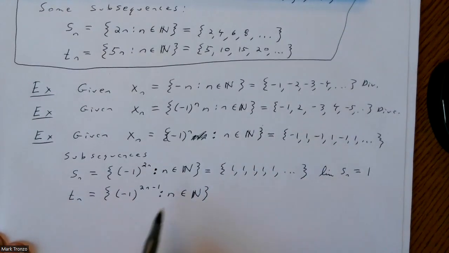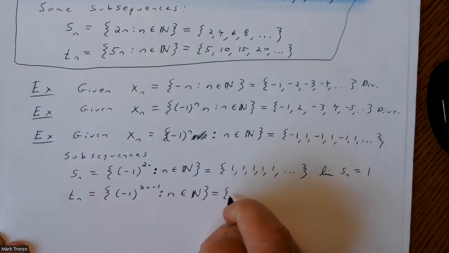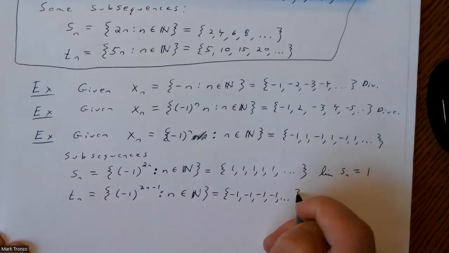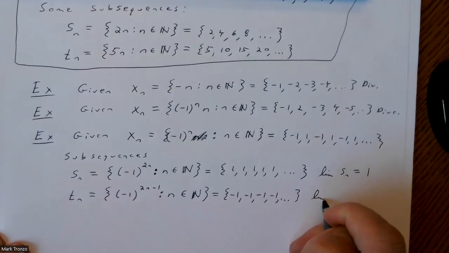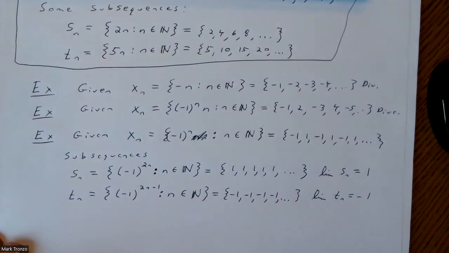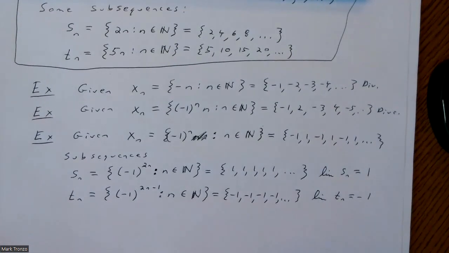So those are all going to be negative, and the limit of the T_n is -1. So here we have two subsequences, and the limit of one is 1, the limit of the other is, excuse me, -1. So there we have a sequence whose two subsequences converge to two different things, so it's divergent.